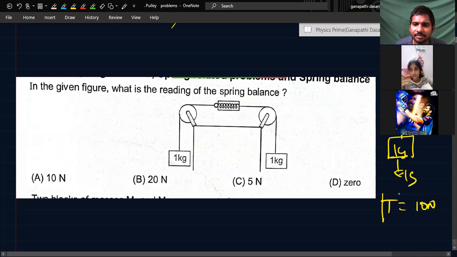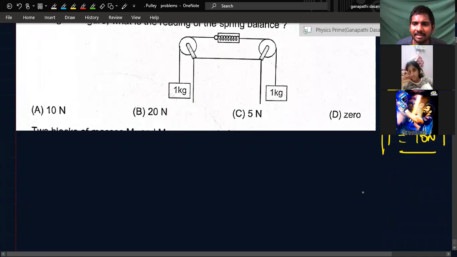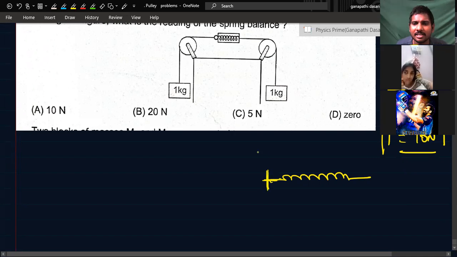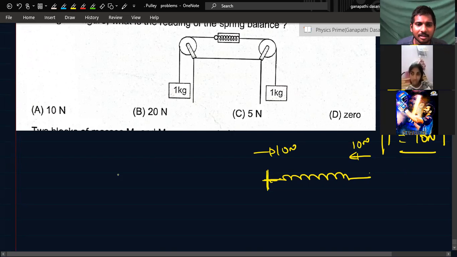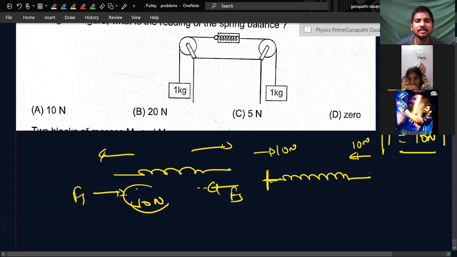Similarly, the right side string also will have 10 newtons or not? Yes, sir. That means at this end spring force is how much? 10 newtons. And at this end, spring force is 10 newtons. The spring is expanded, so spring force will be trying to compress it. So that should be equal on both ends, that is equal to 10 newtons.